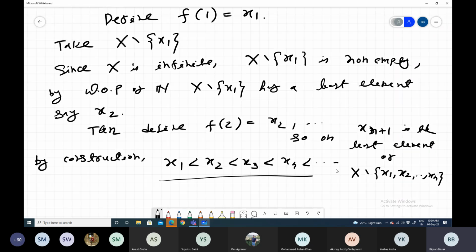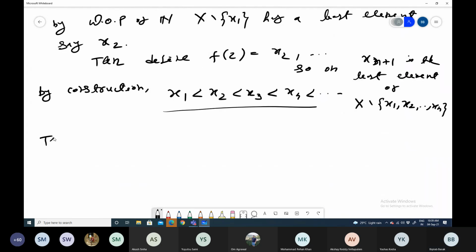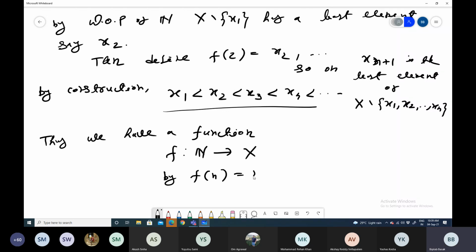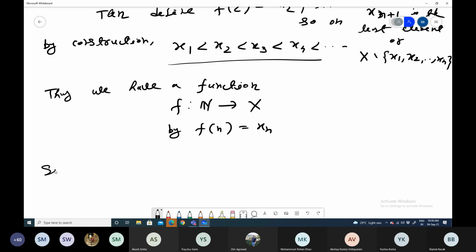So thus we have a function f from natural numbers to x by f of n equal to xn. And by the construction, since this implies xn less than xm, therefore f is injective.